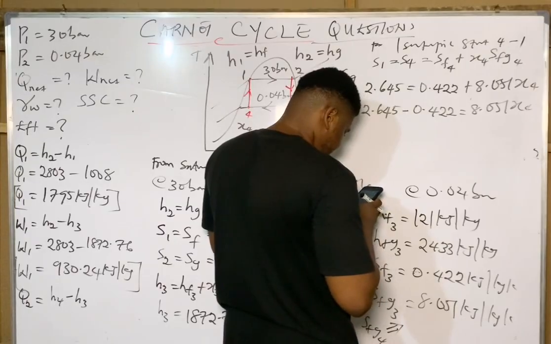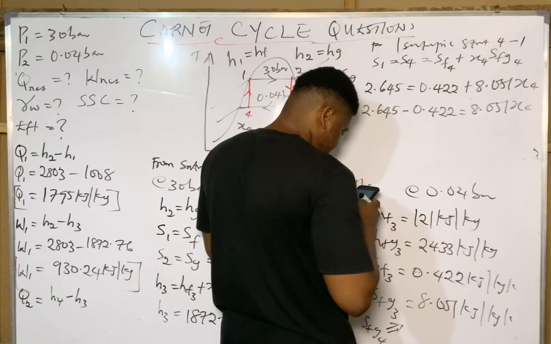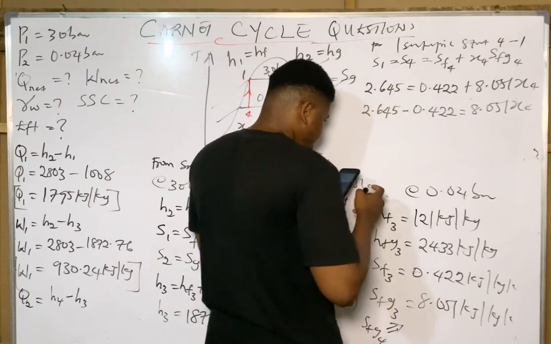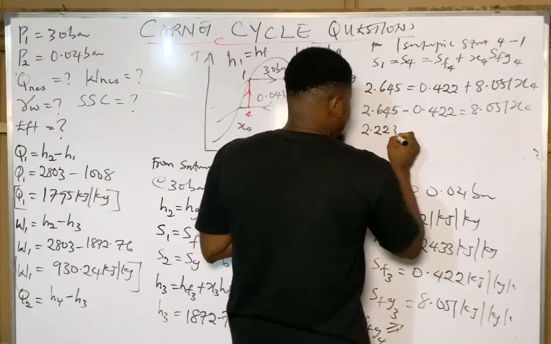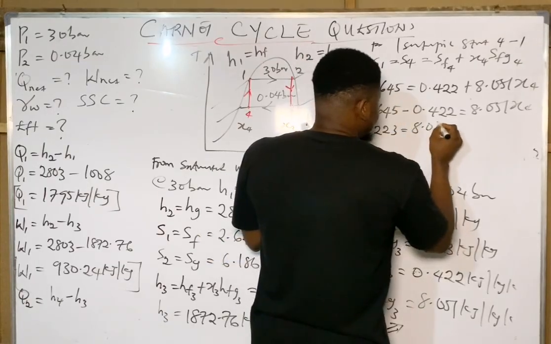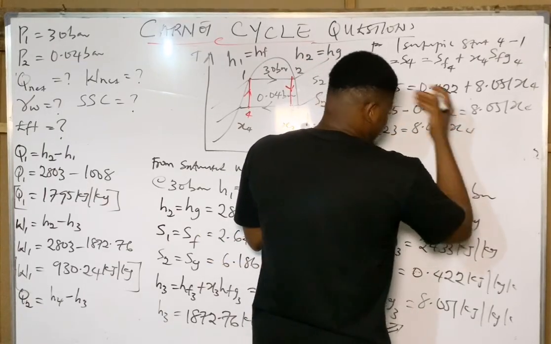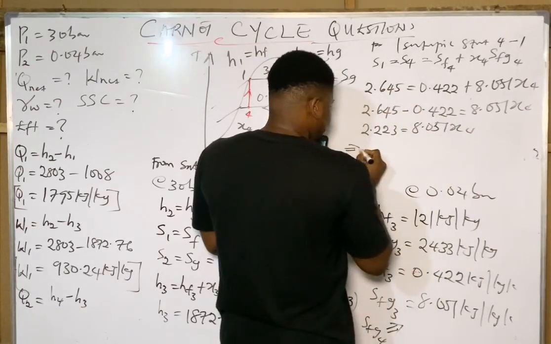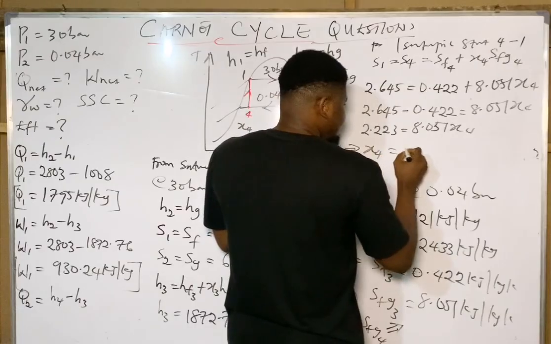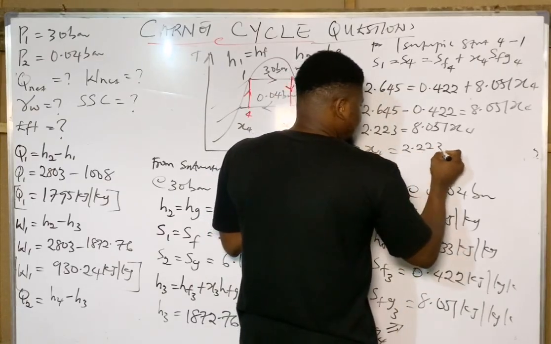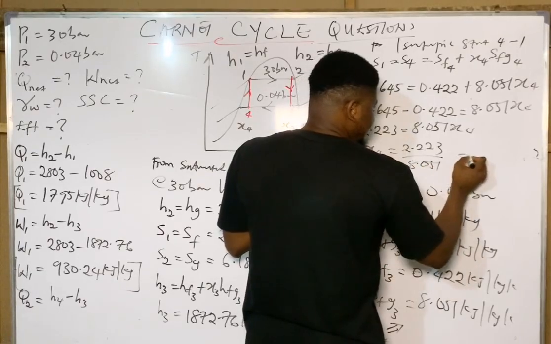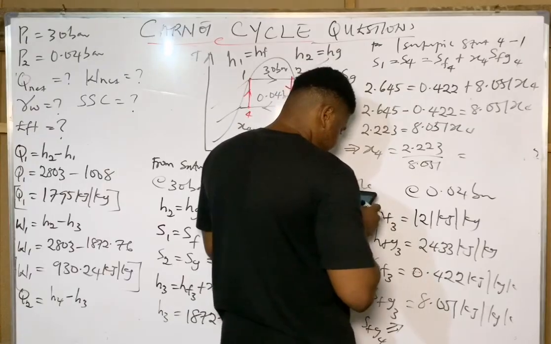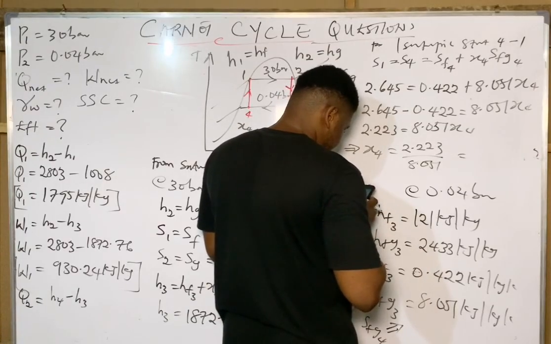So let's find this difference. 2.645 minus 0.422 gives us 2.223, equals 8.051 X4. From here we can find the dryness fraction at state 4 to be 2.223 divided by 8.051.